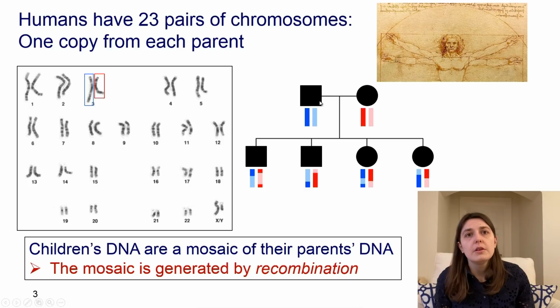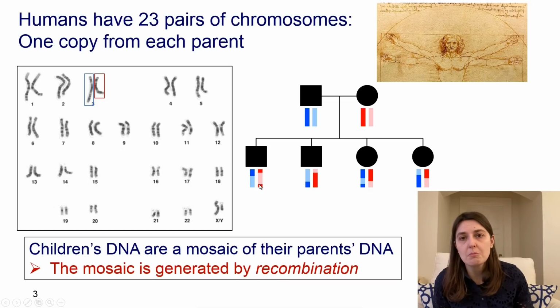Now, this father has a dark blue and a light blue chromosome, and as you can see, each child inherited a chromosome from their father and also one from their mother. But these children's chromosomes are mosaic.